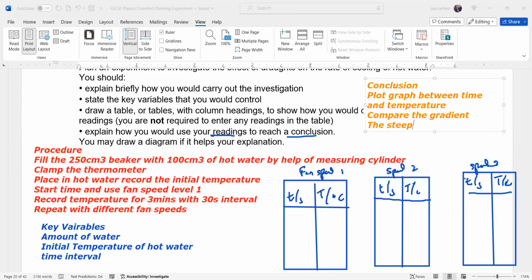A steeper gradient shows a faster rate of cooling. Okay. So that's how we conclude this. Is this planning experiment clear? So I want you to plan this experiment now and share your answers.